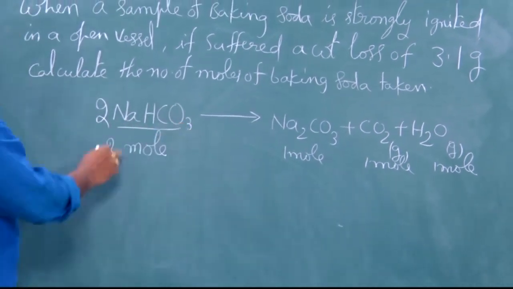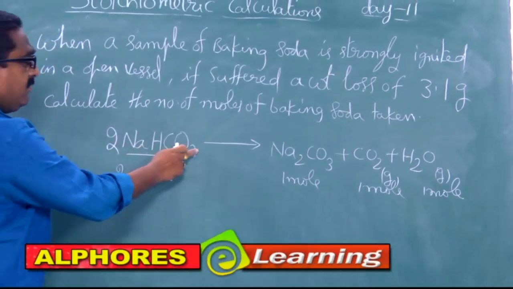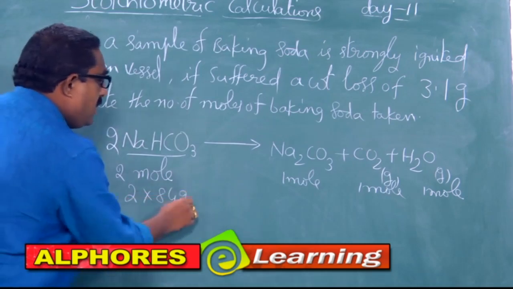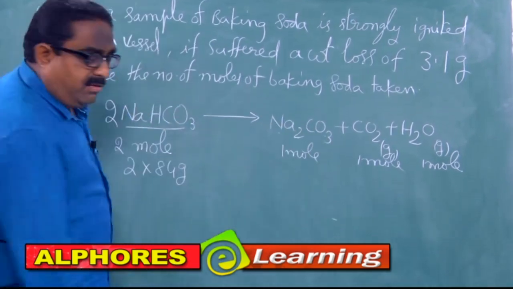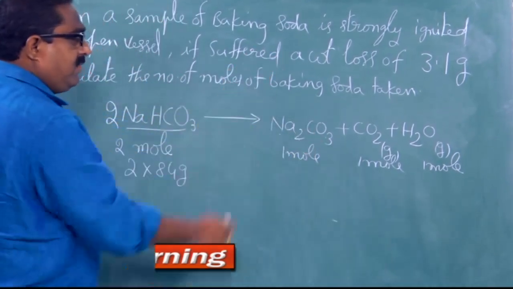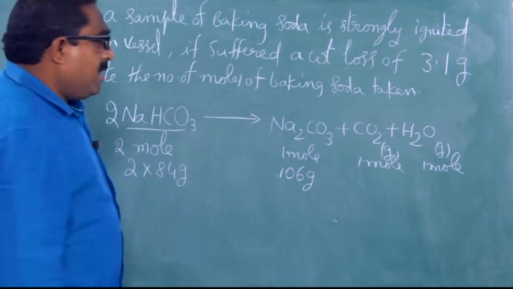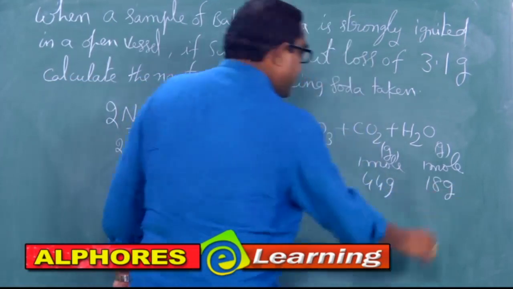Molar mass of this: sodium 23, 2 into 23 is 46, plus 12 is 58, plus 48 is 106. So, 2 into 84 grams for NaHCO3. Na2CO3 is 106 grams, 1 mole only. Carbon dioxide, you know the molar mass 44 grams, water 18 grams.